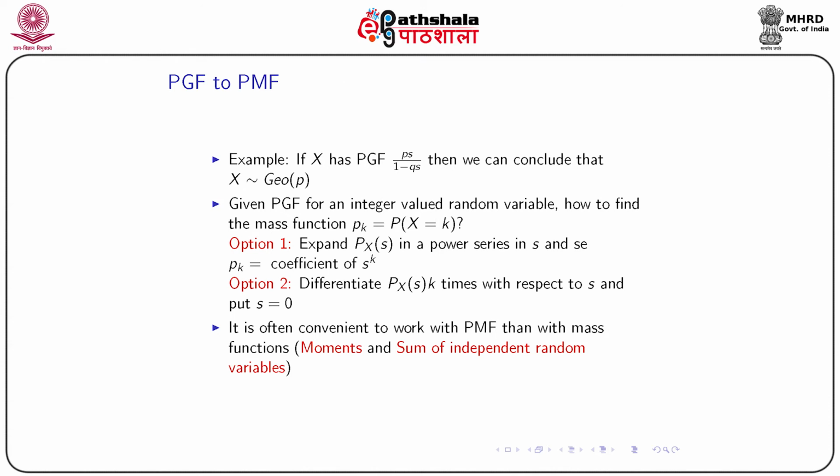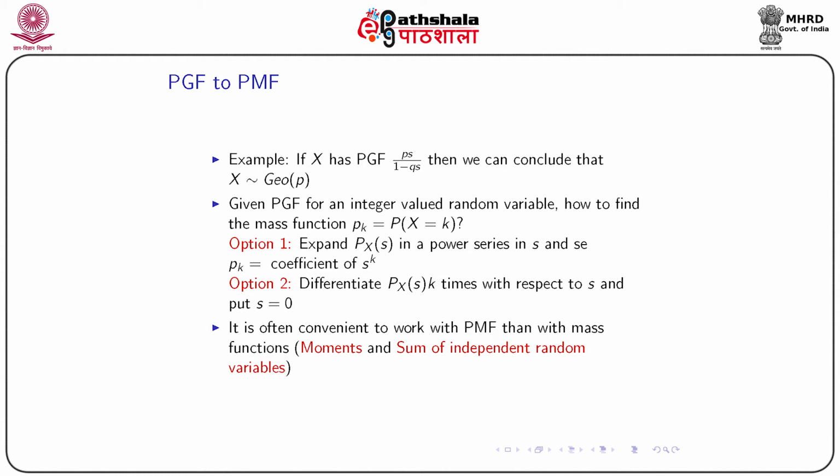Now once we know the probability generating function, is it possible to get back to the probability mass function? Because we know that if we know the probability mass function, we can find the probability generating function. Now suppose a random variable X has a PGF ps over 1 minus qs.